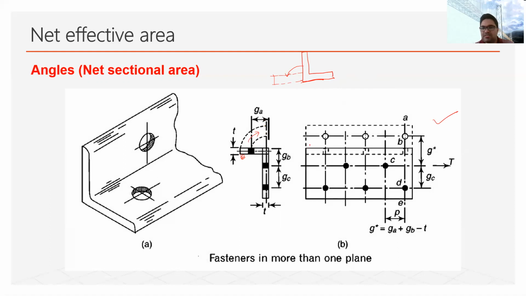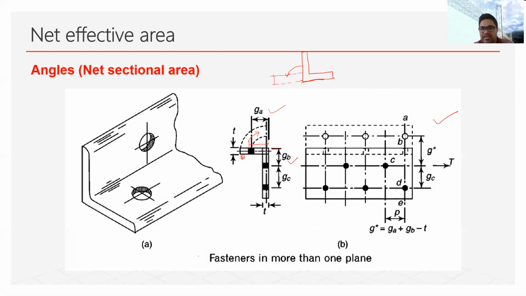So once it is straight, we will be able to identify the net effective area just like we calculate in the case of plates. But in this case, there is one important value which we need to determine, which means the distance between GA and GB.